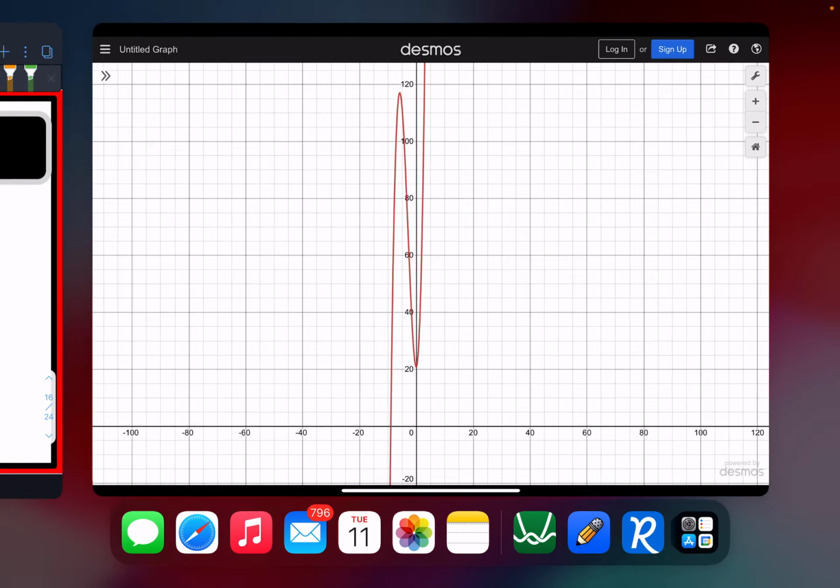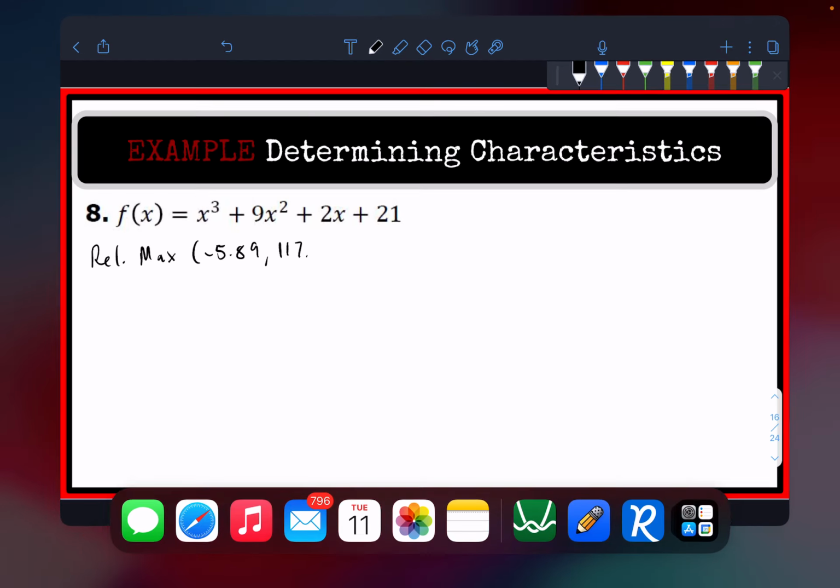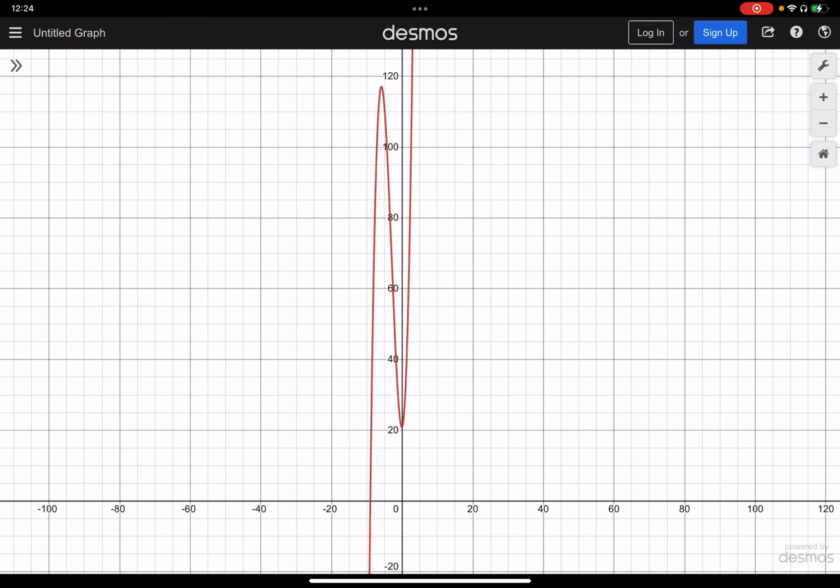So let's write that. I have a relative max at negative 5.89, 117.11.